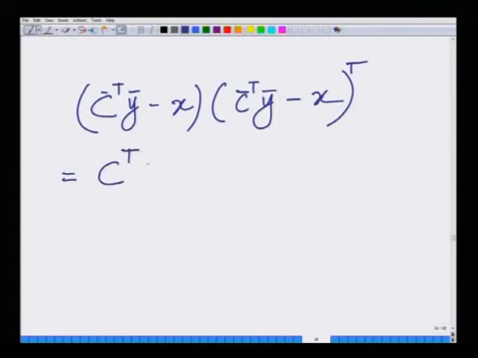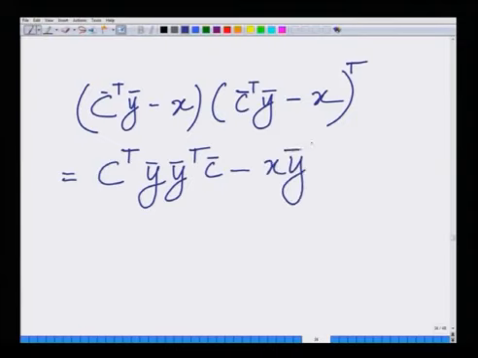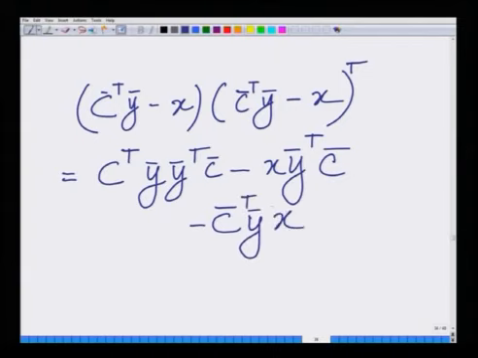Now, this can be written as C transpose y bar transpose C bar minus x y bar transpose C bar minus C bar transpose y bar into x, plus x transpose, which is simply x squared, since x is a scalar.